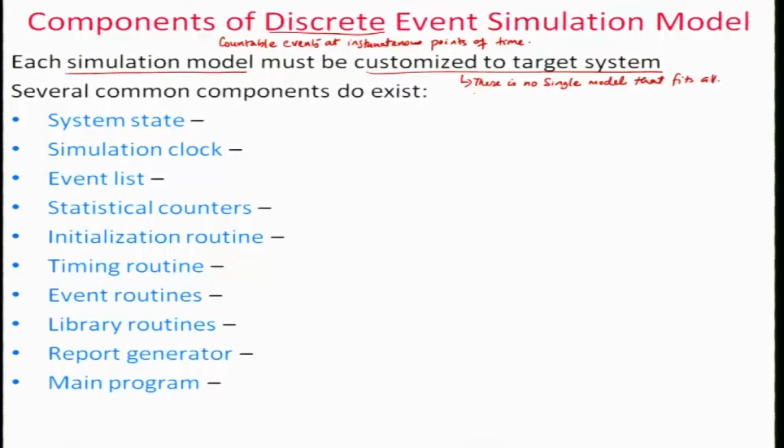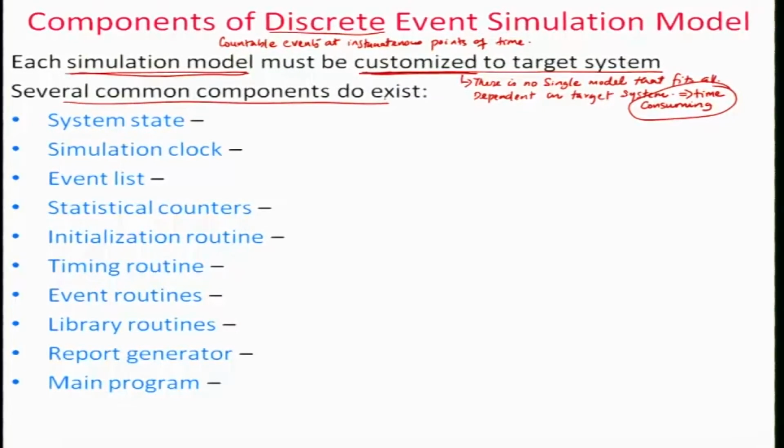Whatever system you want to model, you build a customized simulation model depending on it. This customization is why simulation is called a time consuming process. That is why people say simulation is time consuming, purely because you have to customize it to the target system. There are several components that exist, and these components are common, but they have to be customized to a particular need.